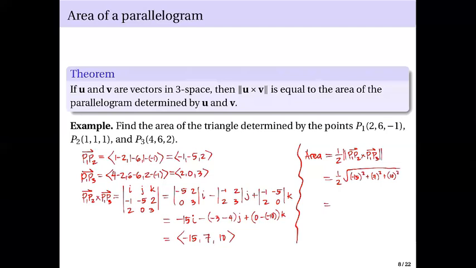And this is equal to the square root of 15 squared, that's 225, plus 7 squared, that's 49, and then 10 squared, that's 100, then all over 2.